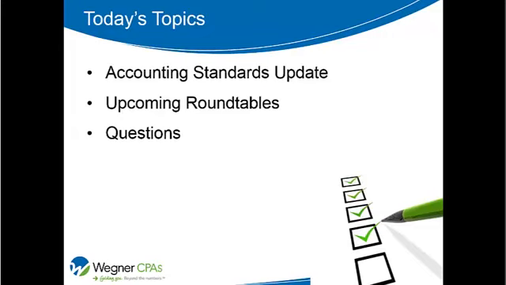And then the final handout is the decision tree for ASU 2018-08. This relates to revenue recognition, specifically trying to determine what are contributions and what are going to be exchange transactions. This is a quick snapshot.